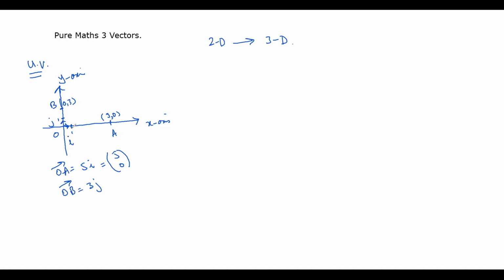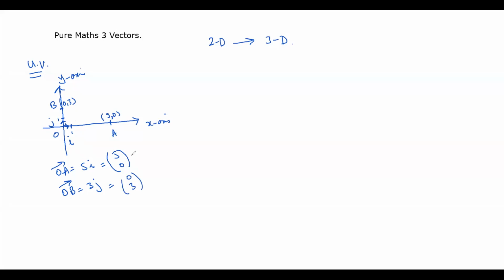Because when the magnitude is 1, this was i. When the magnitude was 5, this became 5i, okay? When the magnitude was 1 in the direction of y-axis, it was just j. And when the magnitude is 3, this is 3 units long, okay? So this is going to be 3j. And this can be written as (0, 3).